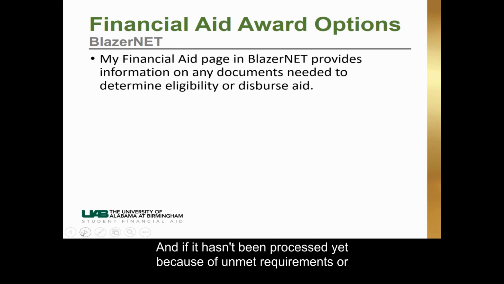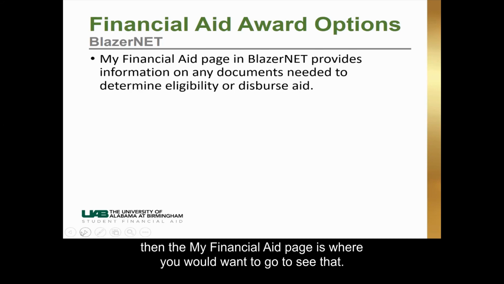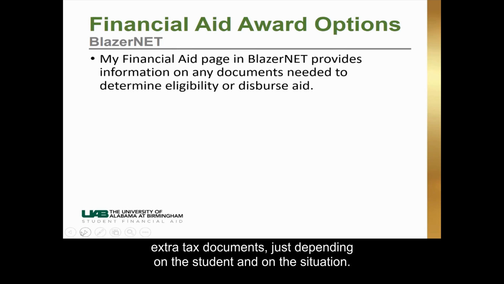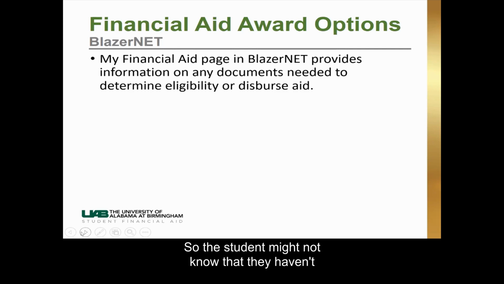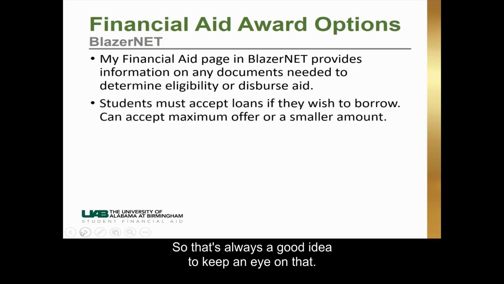And if it hasn't been processed yet because of unmet requirements or extra things that the financial aid office might be asking for, then the My Financial Aid page is where you would want to go to see that. Sometimes we do ask for extra documentation, extra tax documents, just depending on the student and on the situation. So the student might not know that they have unmet requirements if they're not monitoring that My Financial Aid page in BlazerNet. So that's always a good idea to keep an eye on that.